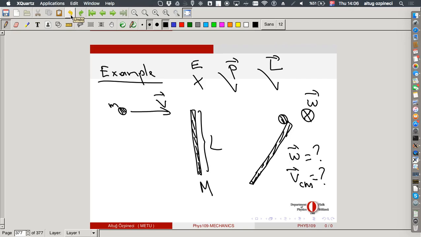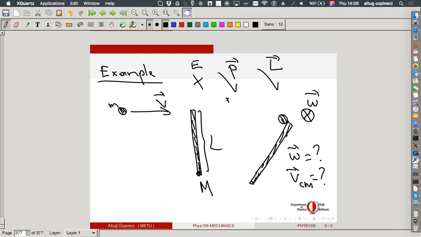Since there's no external force, relative to any point, there are no external torques. But now we have an external force. So if you try to calculate the angular momentum relative to this point, if it was fixed, it's likely that we would get a torque created by the force over here. So the angular momentum relative to that point will not be conserved.